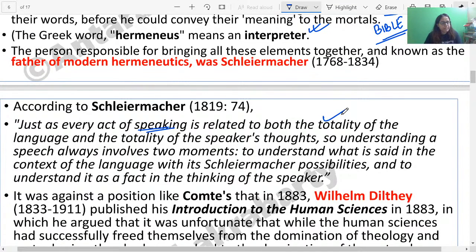So therefore he says कि hermeneutics में क्या होता है, आपको context के बारे में पहले पता करना होगा. You have to know about the context as well as what is the totality. अगर आपको language ही नहीं पता तो फिर आप context समझ के क्या करेंगे? If tomorrow some French person comes and starts talking to me, मैं नहीं बात कर पाऊंगी. Although I understand कि वो इंसान मुझसे बात कर रहा है, but I do not know French.